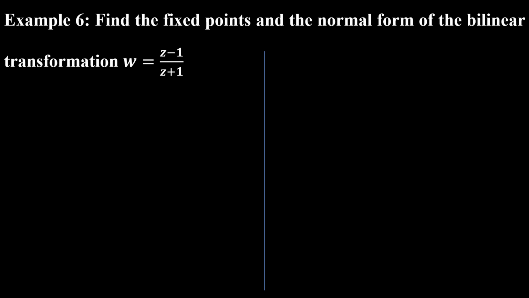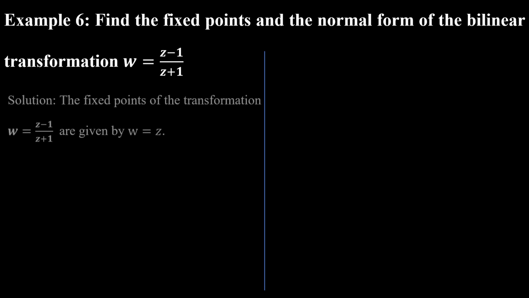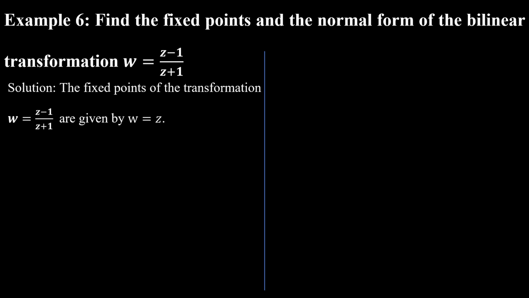Now we can see question number 6: find the fixed points and the normal form of the bilinear transformation w equals (z minus 1)/(z plus 1). In the same fashion we will do here.